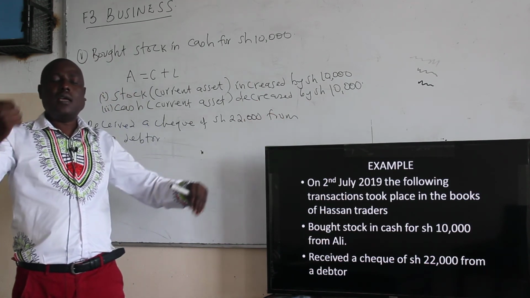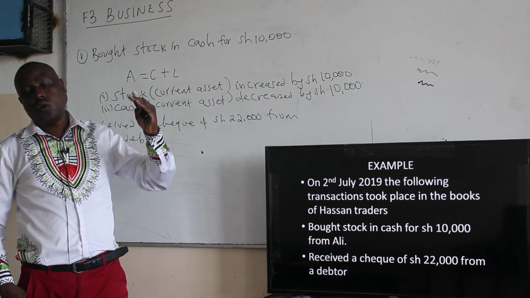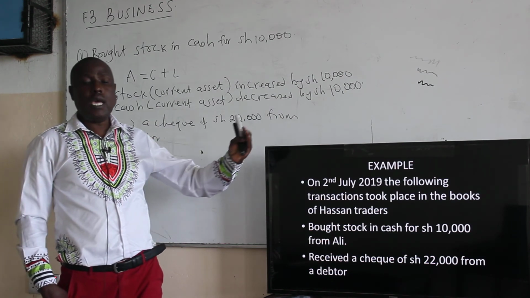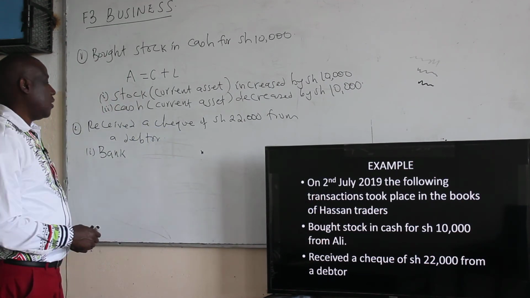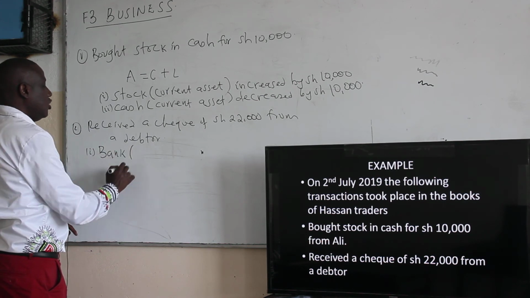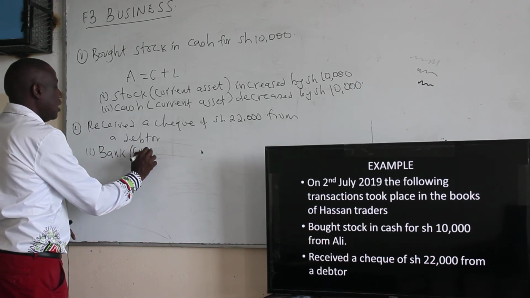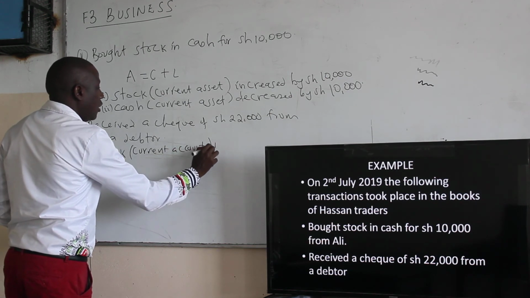And when you pay a creditor using a check, again the money goes from your bank account to their bank account. So when we receive a check, then what? Bank, or the cash in our bank, which is our current account, goes up, increases.